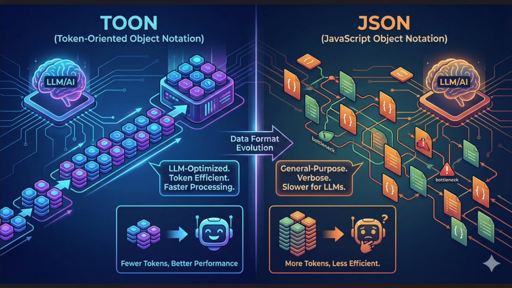That's the main benefit of TOON compared to JSON. The JSON structure size is more, the token size is more, and it is more costly, whereas the TOON object format token size is less, so the performance is better and the cost is less. That's the basic difference between JSON and TOON.